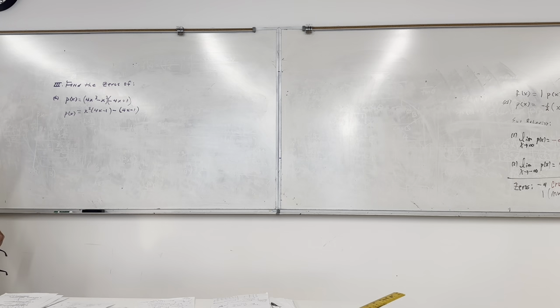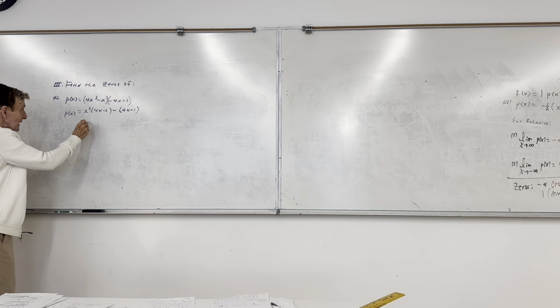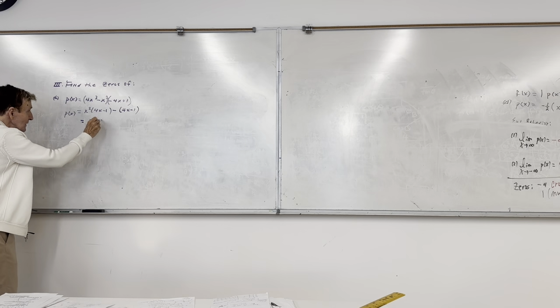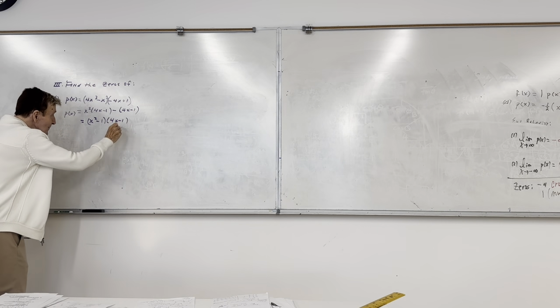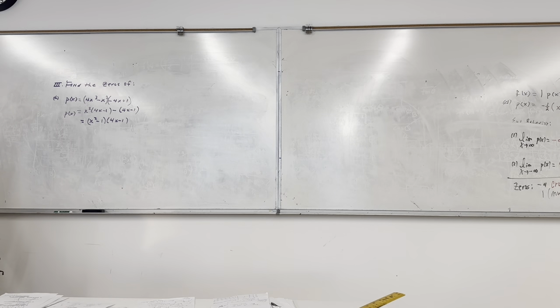Now you've created a 4x minus 1 in both, so take that out. Take out that common factor of 4x minus 1, you're left with x squared minus 1. I'll put the x squared minus 1 first.